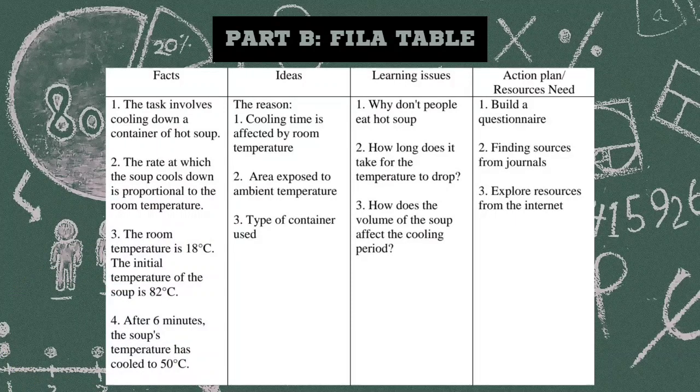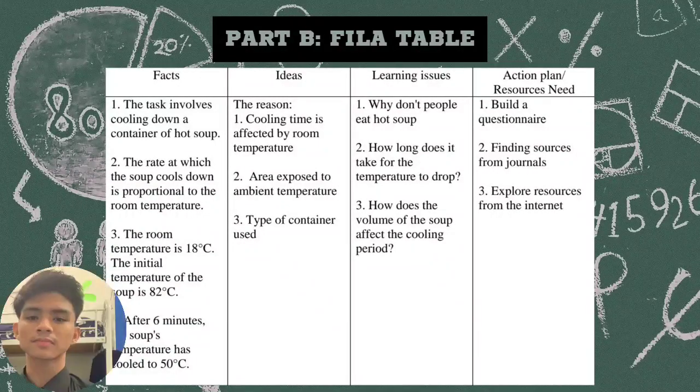And lastly for the facts, after 6 minutes the soup's temperature has cooled to 50 Celsius. Second, the ideas: the cooling temperature is affected by room temperature, second, the area exposed to ambient temperature, and lastly, the type of container used.